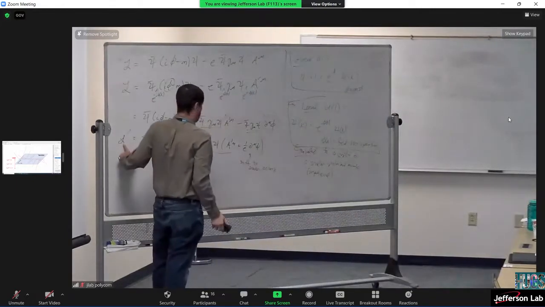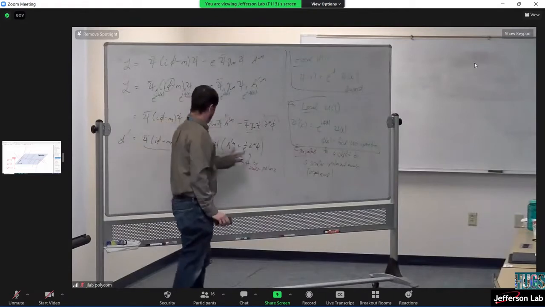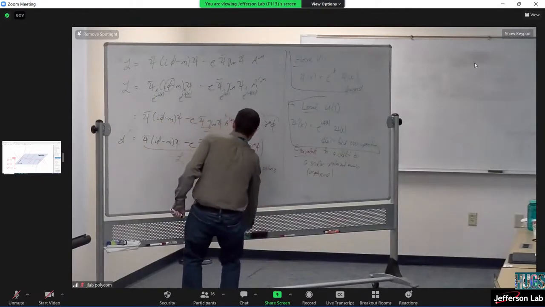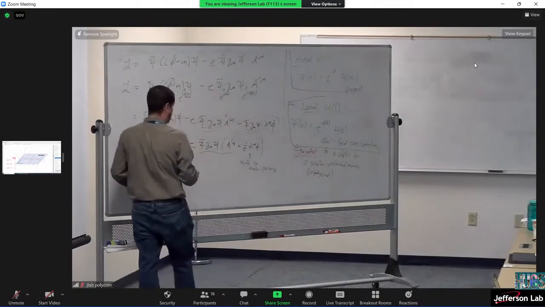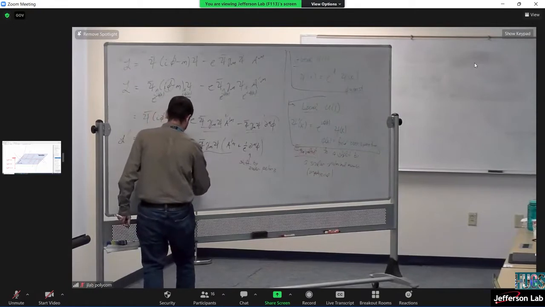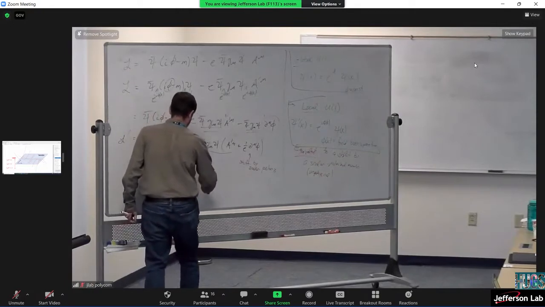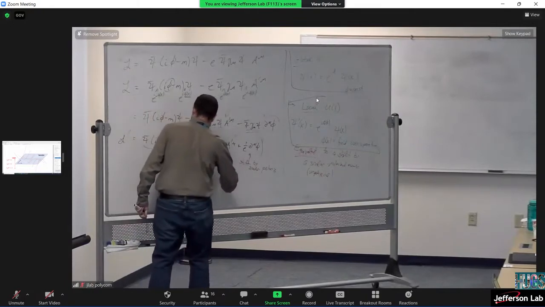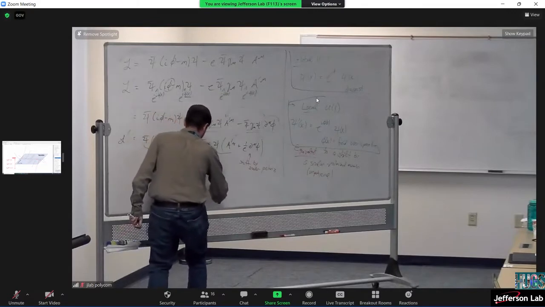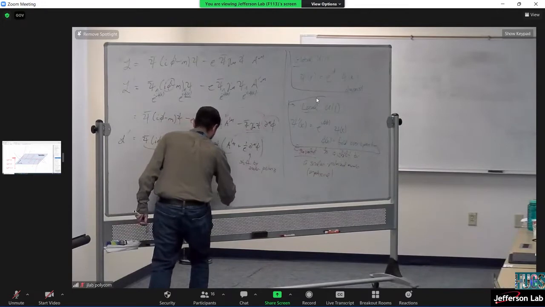If I want to make the Lagrangian completely invariant, not invariant up to a total derivative, then this tells me how I should transform A to compensate for that shift of gauge. So my A prime mu plus 1 over e d mu phi should be equal to my original A mu, which gives me the transformation law: A prime mu equals A mu minus 1 over e d mu phi.